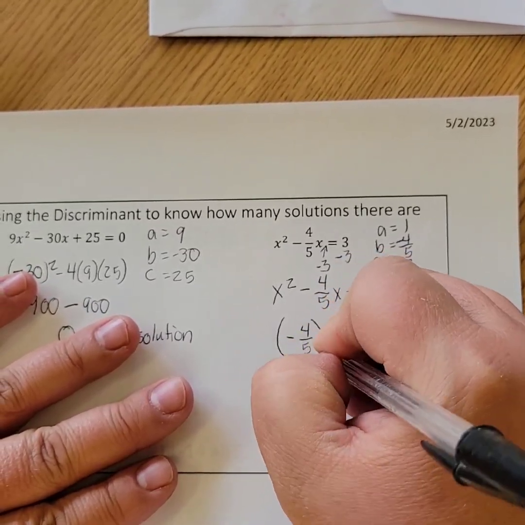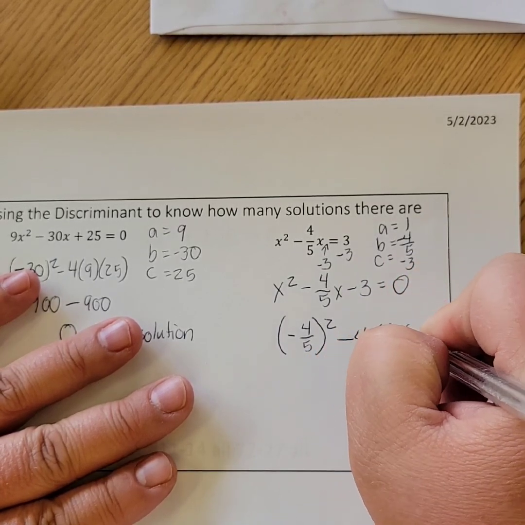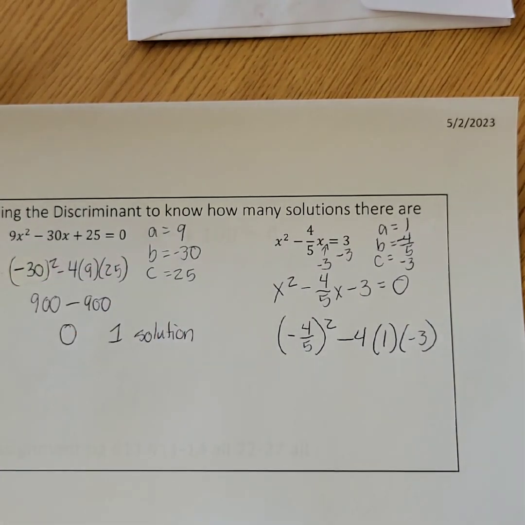So -4/5 squared minus 4 times 1 times -3. So then I'm going to have to use 4/5 squared.